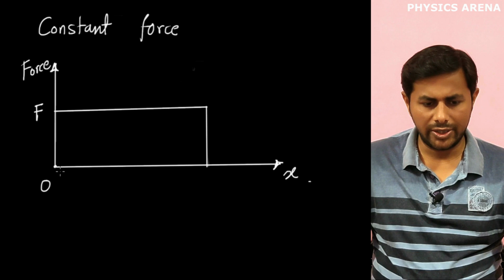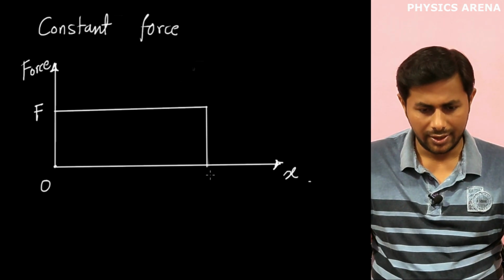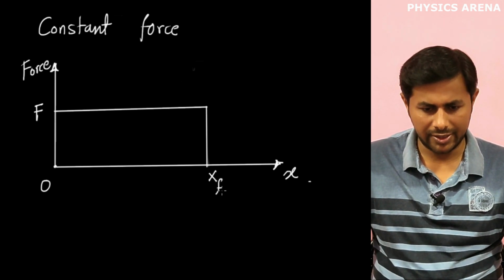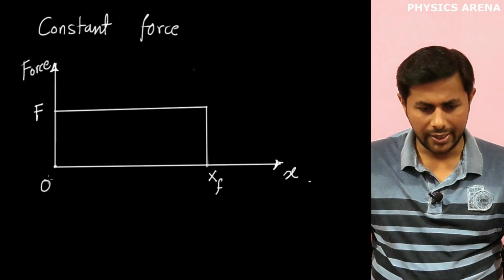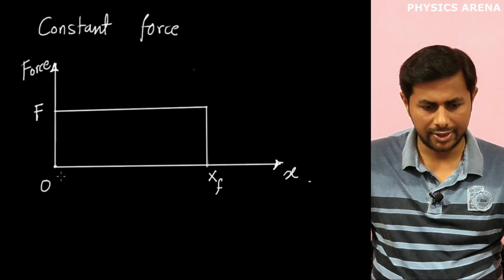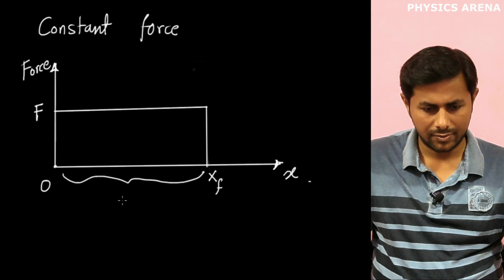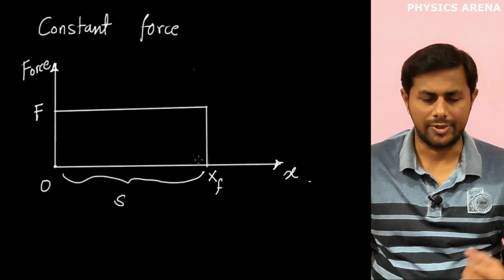So 0 is the initial position and x suffix F is the final position. So this length from 0 to x suffix F is the displacement S of the object.